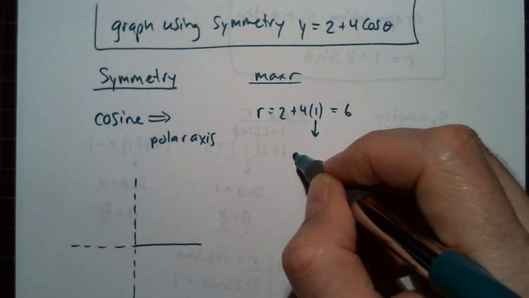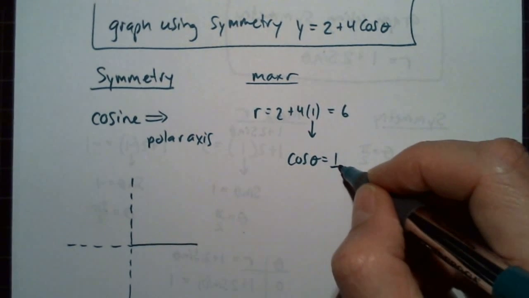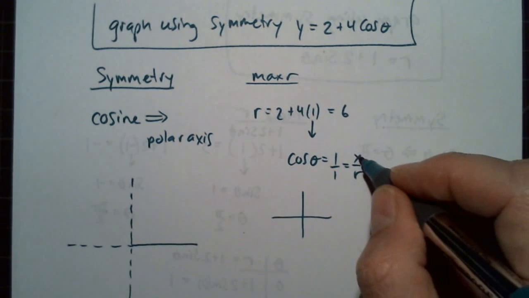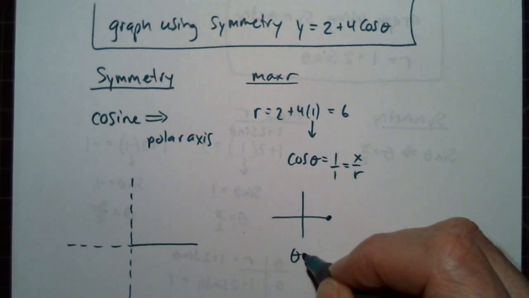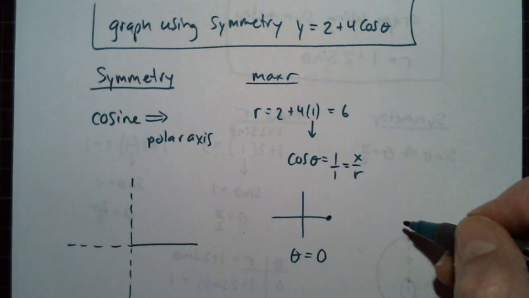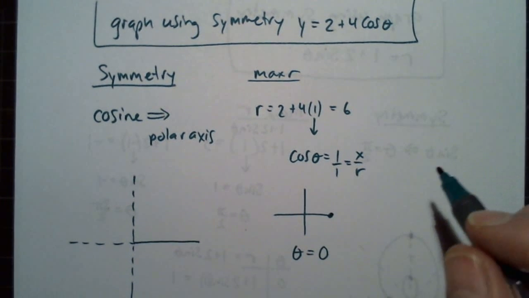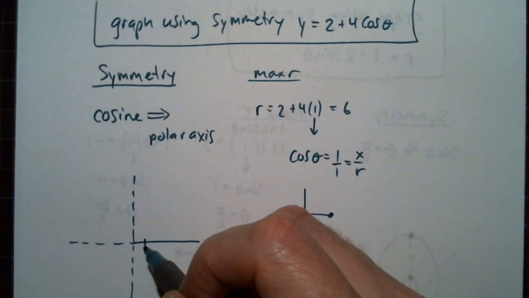When does cosine equal 1? Remember, x over r: we want an angle that has an x value of 1 with a radius of 1. Well, that's right there. It happens at 0. So we have to go all the way out to a radius of 6.